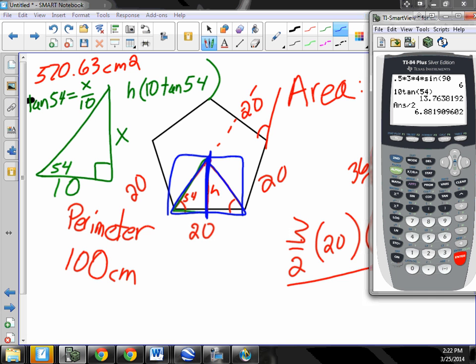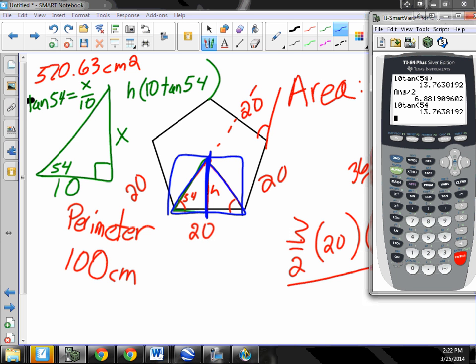No, I don't. 10 tangent of 54. So that's the height. Are you running into problems? You're in radians for some reason. Go back to degrees. There you go.